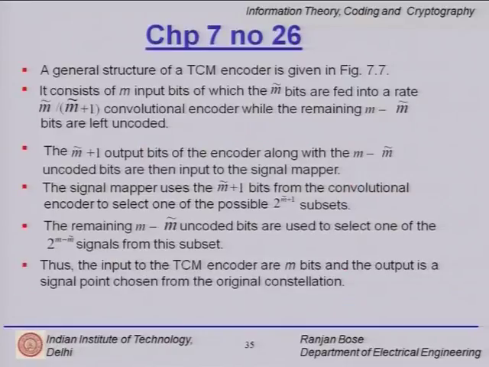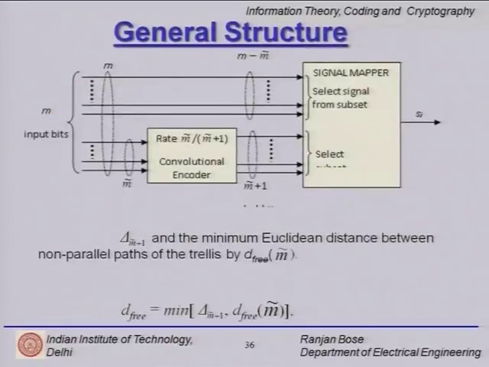So, now let us look at a simple example of a general structure. Suppose you have m bits. First you have a convolution encoder here. It is systematic. So, you have m minus m tilde bits going directly to the signal mapping, and then an m tilde over m tilde plus 1 convolution encoder giving you the coded bit streams.